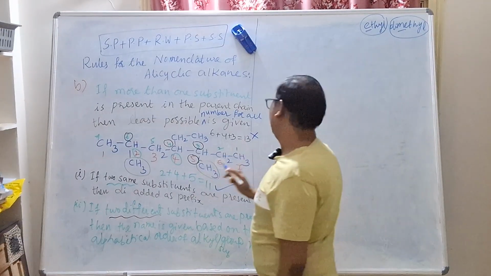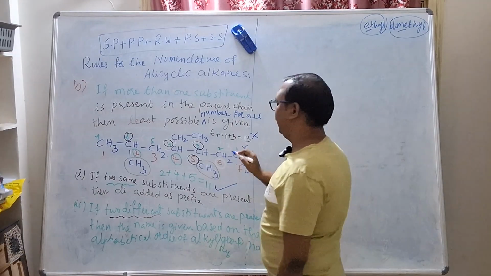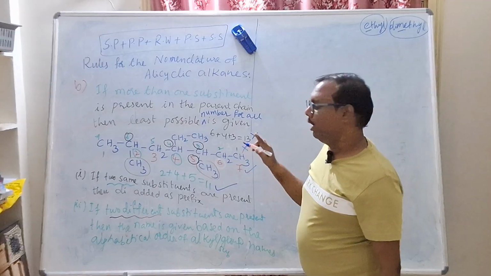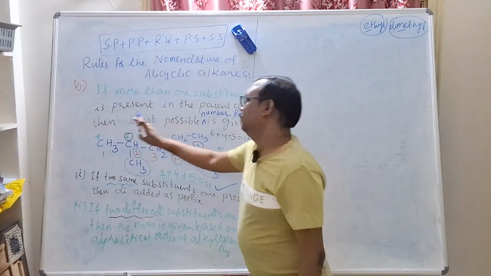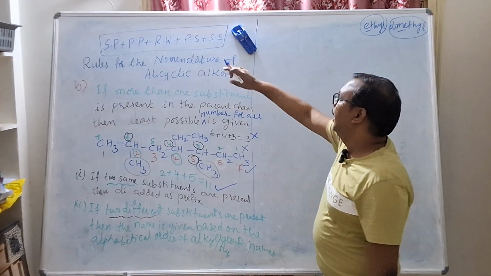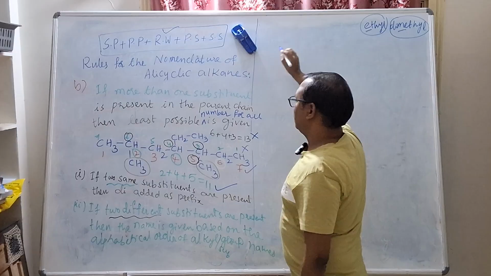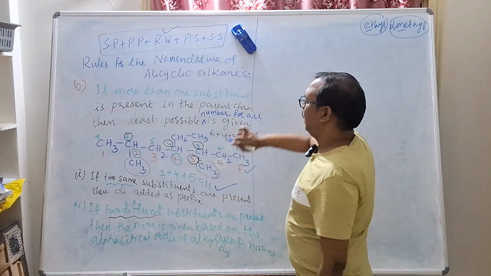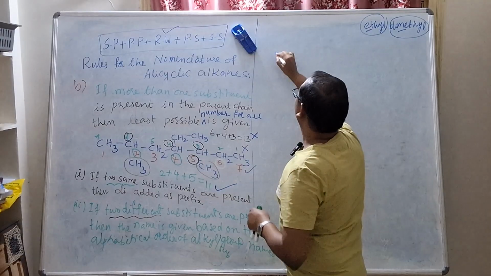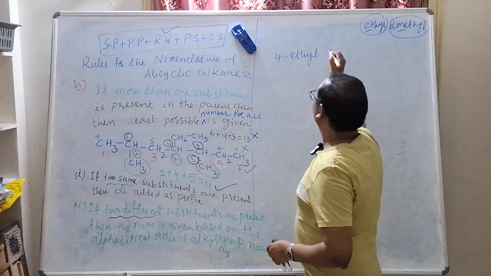I am writing here, and this is the right one, 11. Therefore, this is right and it is wrong numbering. Observe, there are total how many carbons in the main chain? 7. 7 means what? Root word is what? Hept. Therefore hept you have to consider, and you know the substituent ethyl is there. In which position is ethyl? 4 ethyl.